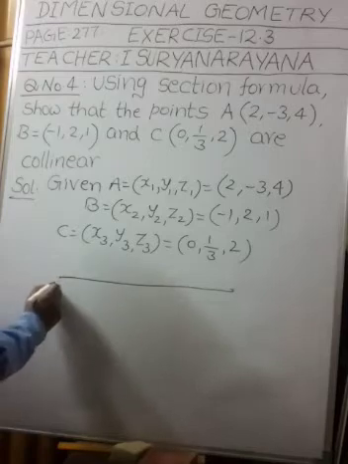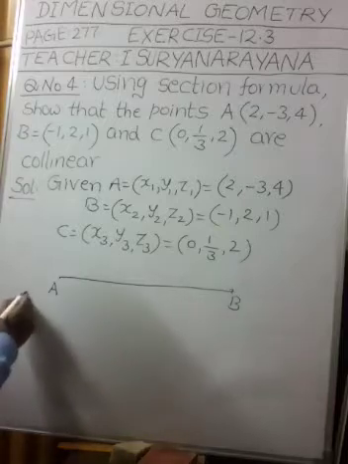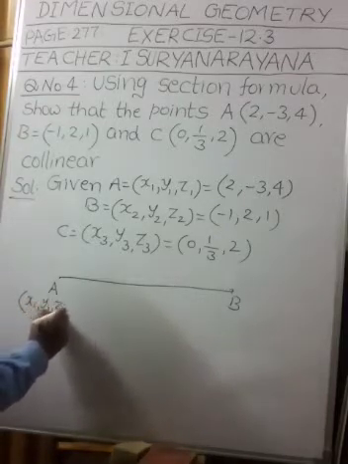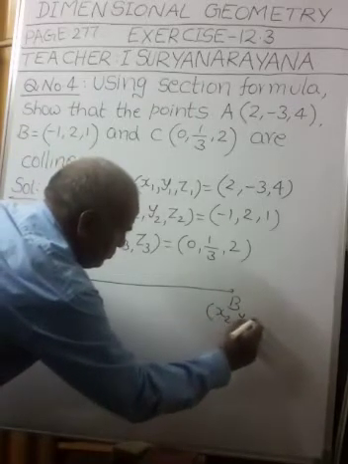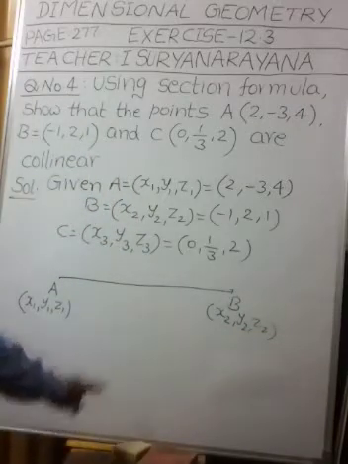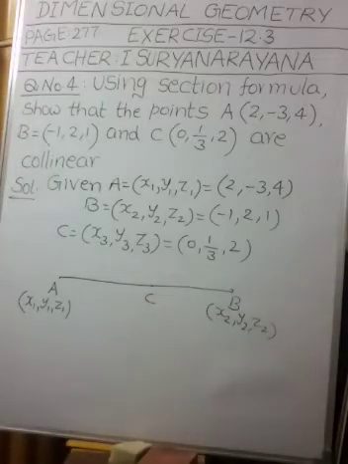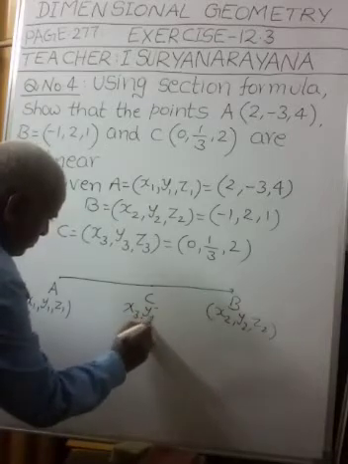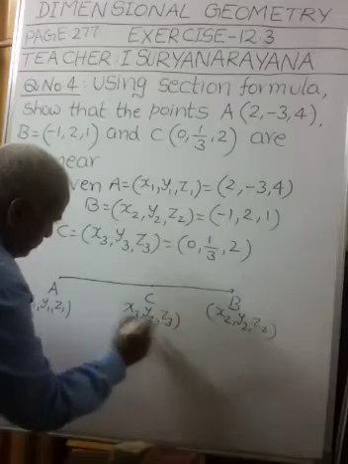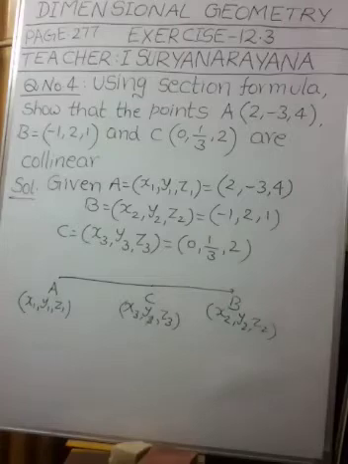Let us take A here and B here, with coordinates x1, y1, z1 and x2, y2, z2. In between these 2 points, let us take C, x3, y3, z3.